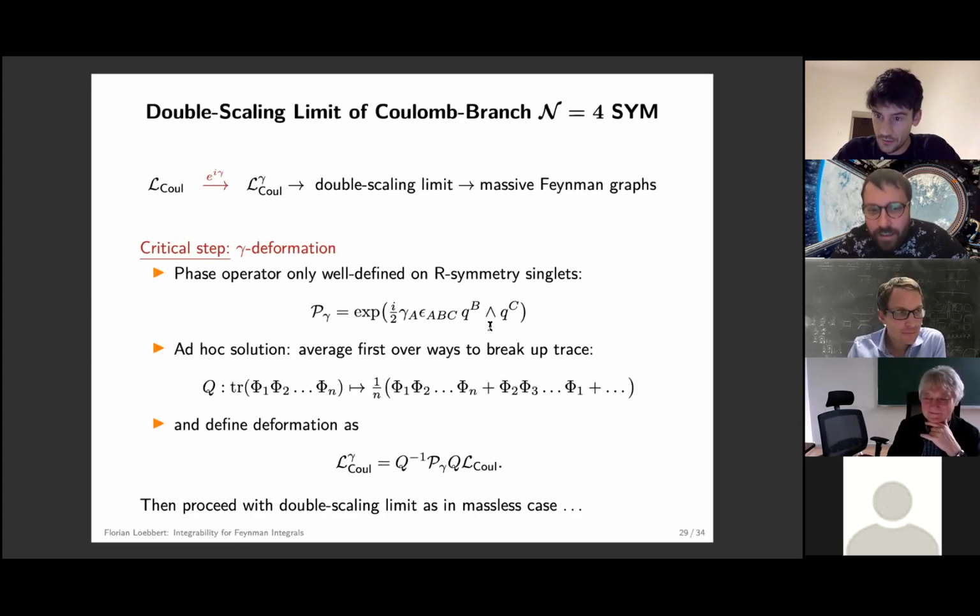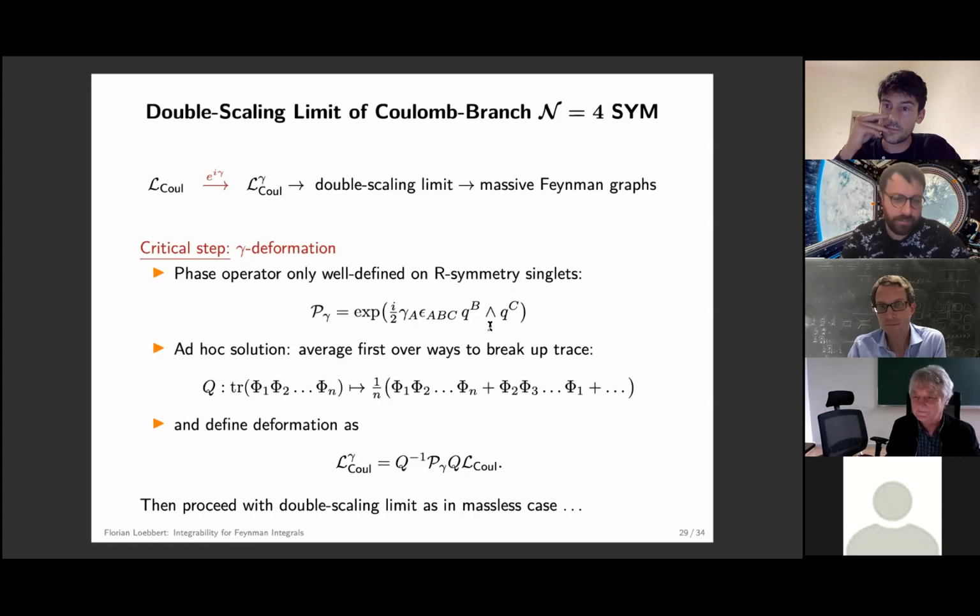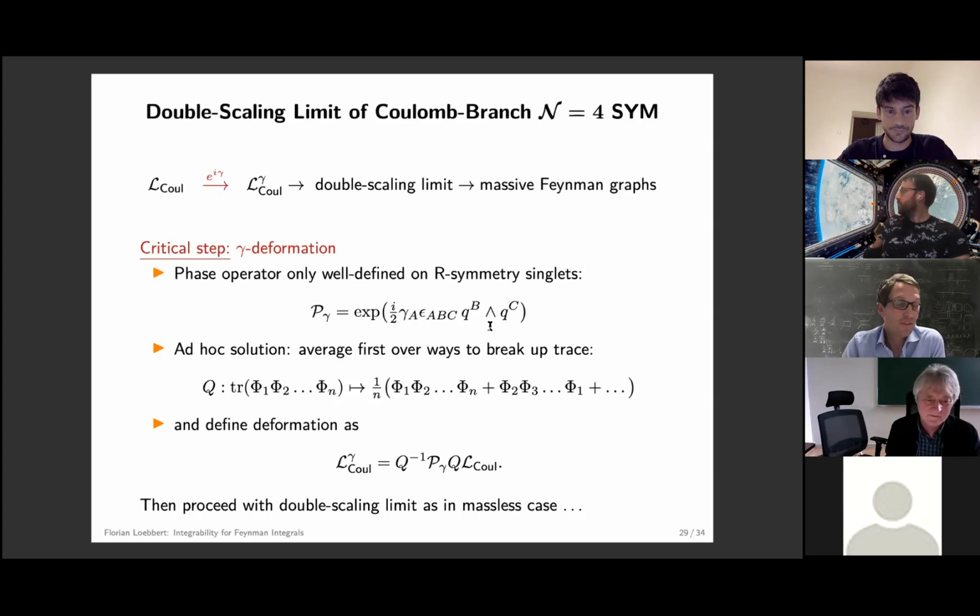I mean, beginning with the ABJM theory? Well, I expect that one can do a similar thing, just because we've seen that in the massless case it generalizes quite straightforwardly. But we haven't looked at this explicitly, no. Okay, thanks.